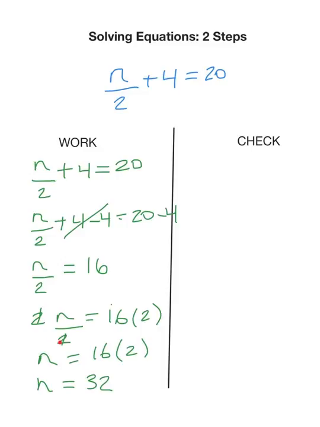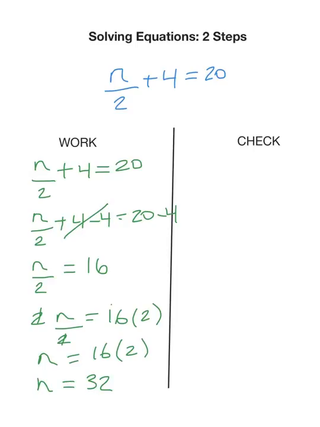And then since we multiplied the left side by 2, we had to multiply the right side by 2. So here we were left with n alone, equaling 16 times 2. I put the 2 in brackets because I didn't want to put a multiplication sign that might confuse you for another variable. And n equals 32.